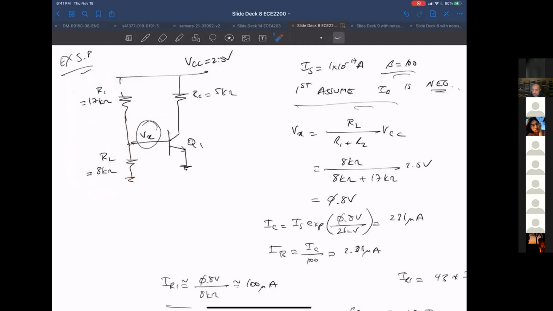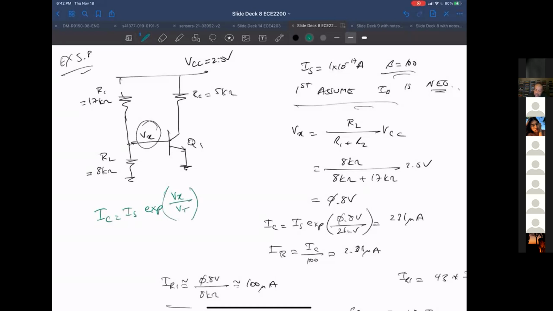And the problem is that your I sub C is exponentially dependent on this value. Remember, I sub C is I sub S exponential of, in this case, V sub X over VT.